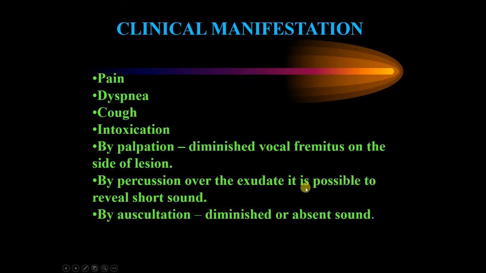Clinical manifestations are pain, dyspnea, cough, intoxication. By palpation, you can find diminished vocal fremitus on the side of the lesion. By percussion over the exudate, it is possible to elicit a short sound. By auscultation, there will be diminished or absent sound.